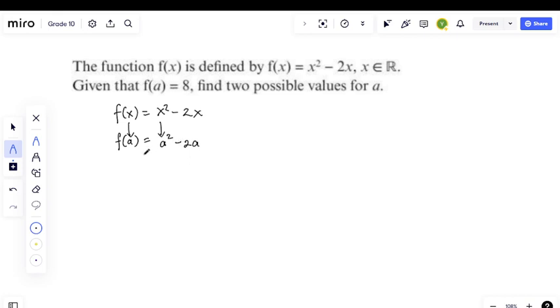Jadi kalau f(a) itu bentuk ekspresinya adalah a kuadrat min 2a, karena kita cuma ganti dari f(x) ini ke dalam huruf a. Nah, given that f(a) is 8, berarti sebenarnya f(a) ini bisa kita ganti 8. Tapi supaya kita nggak bingung, bisa tulis di sini aja. Jadi a kuadrat min 2a itu hasilnya adalah 8 di soal ini.